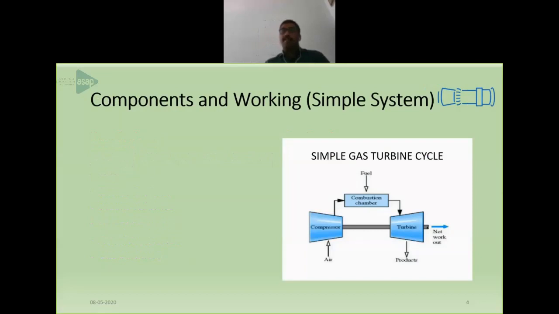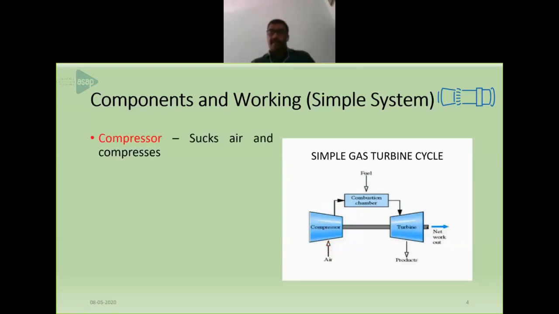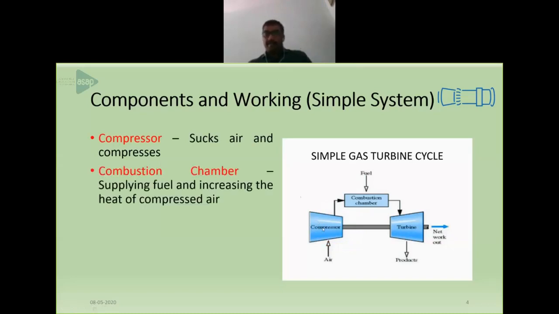Next, we have the components and working of a simple gas turbine system. In a simple gas turbine system, as in the figure, we can see that there is a compressor. To the compressor, there will be suction of air, and it is compressed.